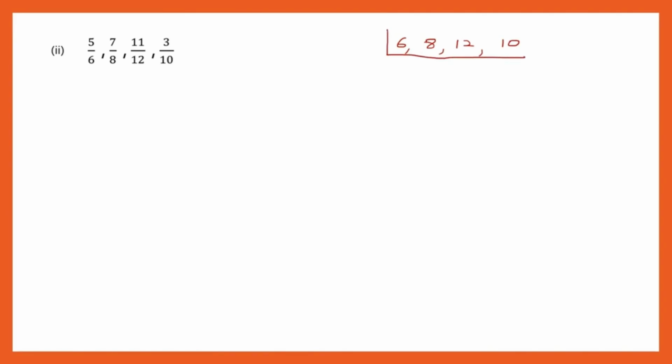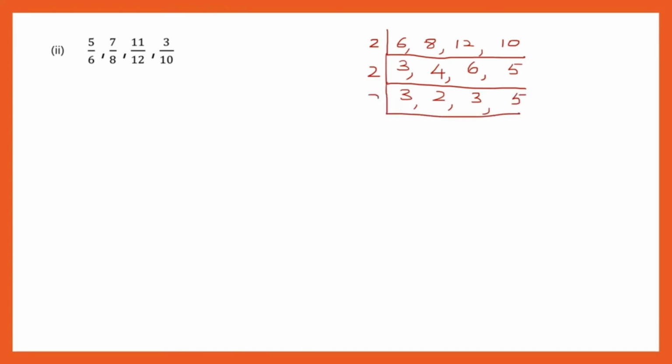Let's start dividing by 2. 2 3s are 6, 2 4s are 8, 2 6s are 12, 2 5s are 10. Let me continue with 2. I bring down 3 because it is not divisible by 2. 2 2s are 4, 2 3s are 6, and I bring down 5 because it's not divisible.